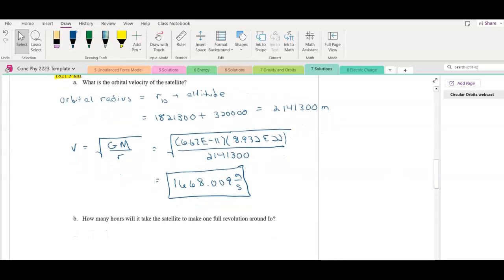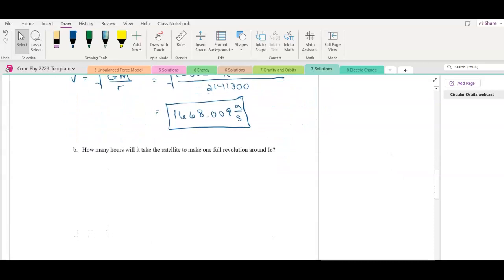Okay, and then it says how many hours will it take the satellite to make one full revolution around Io? We're talking about the period, right? The time to make one full revolution. And I know that the period is the circumference divided by the tangential velocity.